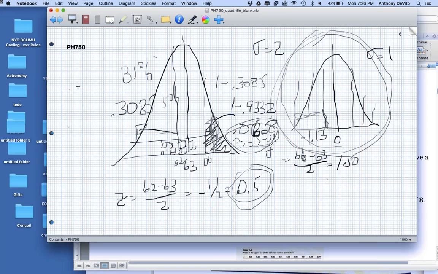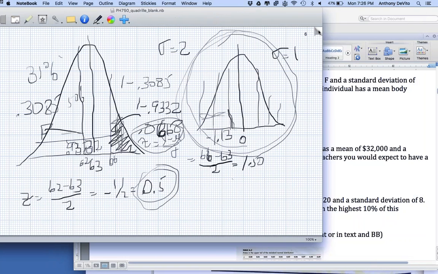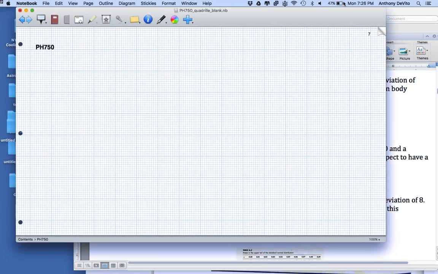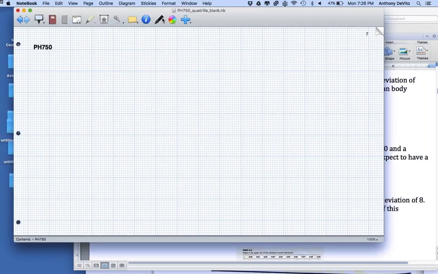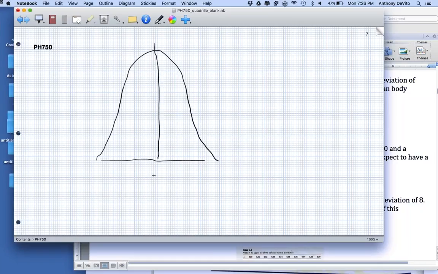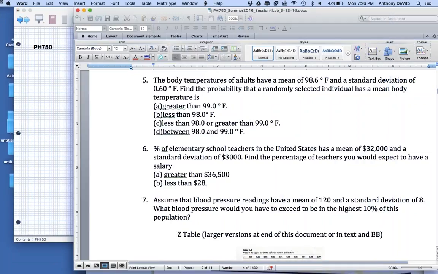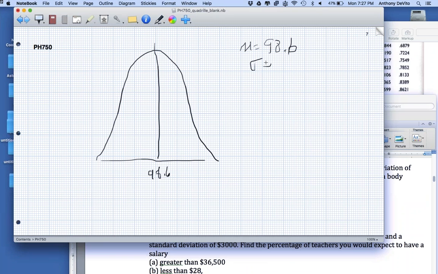I'm going to go over here to my distribution and create a new one. This one's easy enough for me to remember what the mean is: 98.6 degrees is the mean. And the standard deviation, what did I say it was? 0.6 degrees.